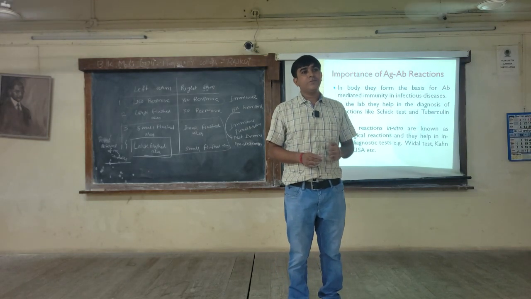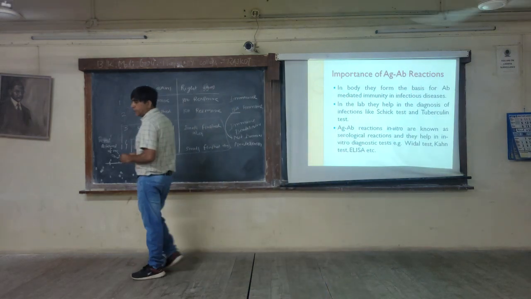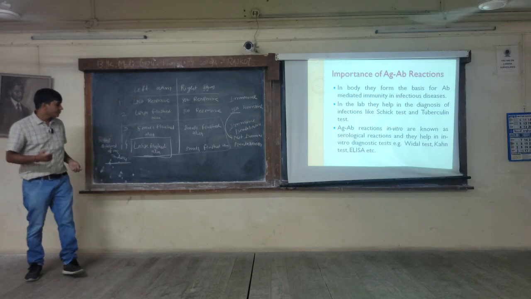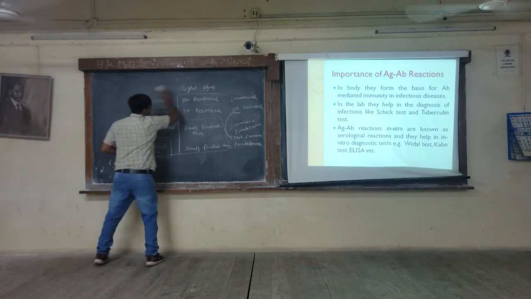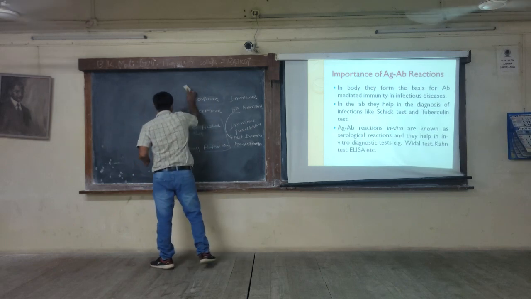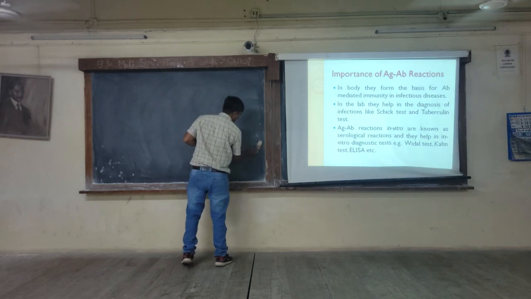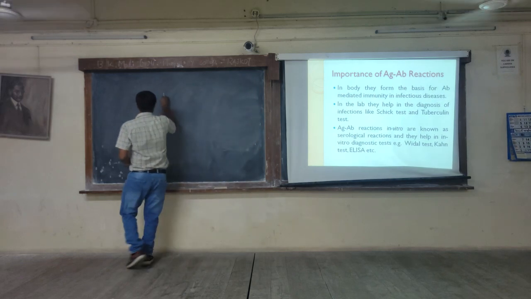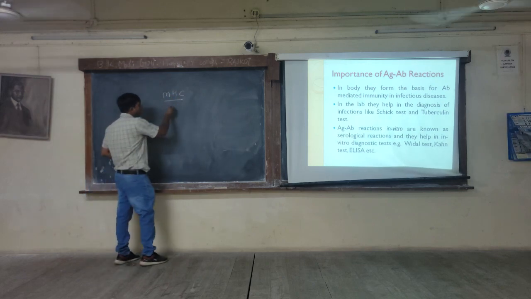Okay. Autoimmunity is because of the failure of recognition. All our body cells are having receptors, or we can say MHCs. MHC, that is major histocompatibility complex.